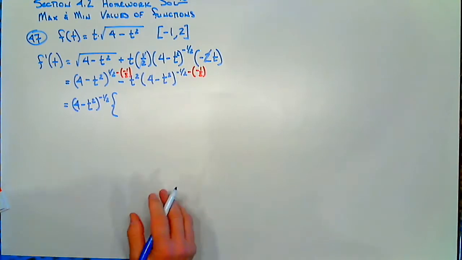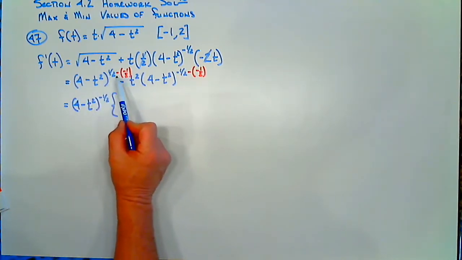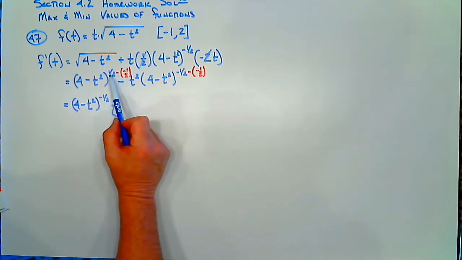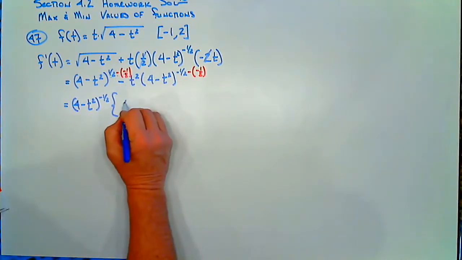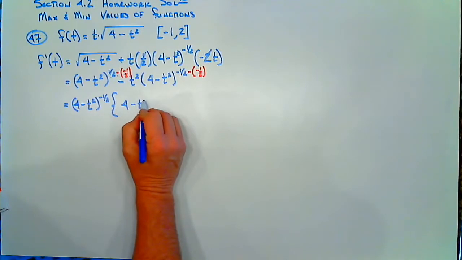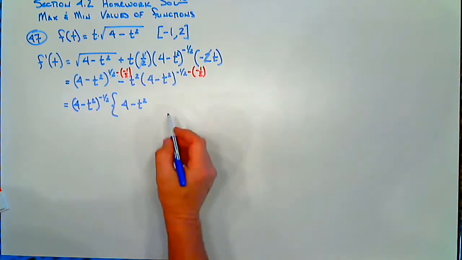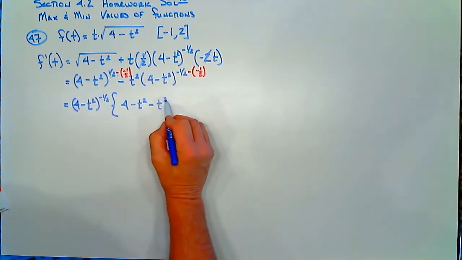And then what do we end up with? Well, when we factor out 4 minus t squared to the negative 1/2, that is subtracting a minus 1/2. 1/2 minus minus 1/2 is 1/2 plus 1/2. So this is going to be 4 minus t squared to the first. So we don't need to put an exponent on that. Minus, there's going to be a t squared here, so we're going to put that there.